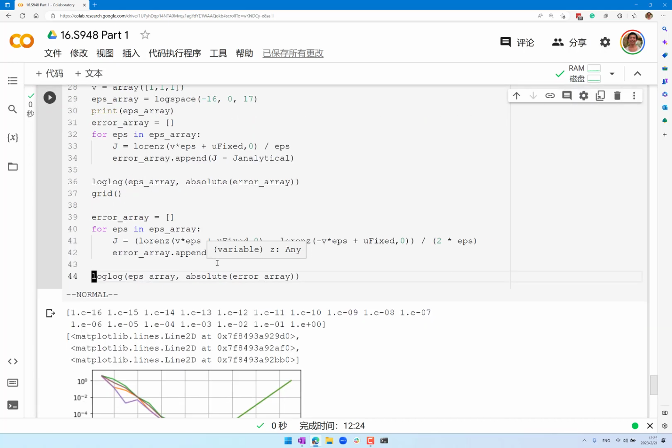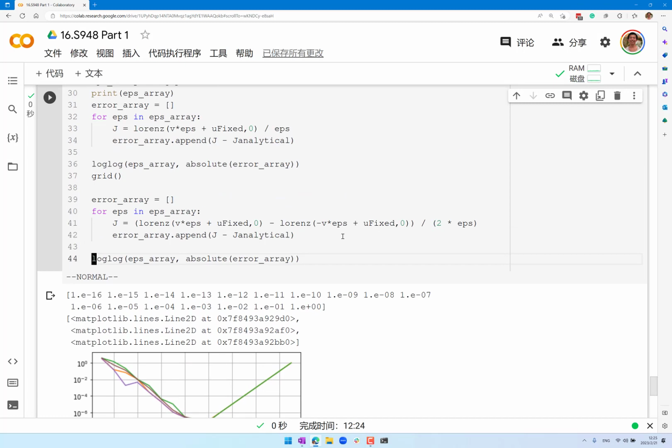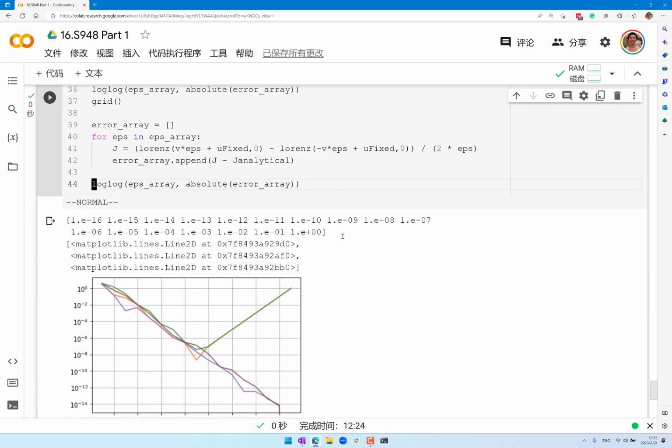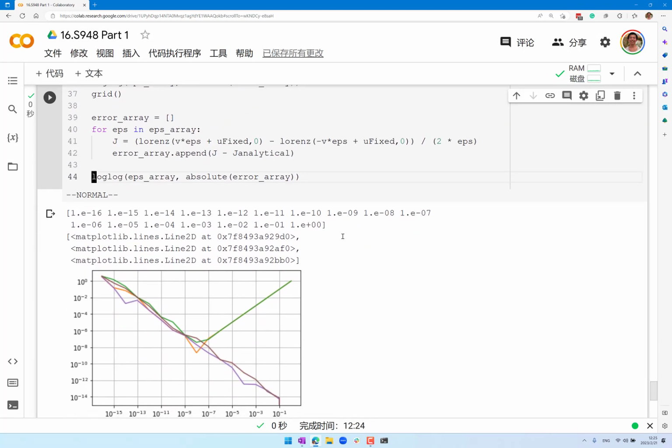So basically, by having a central difference, we actually eliminated the truncation error. The result of this is only round-off error remains.